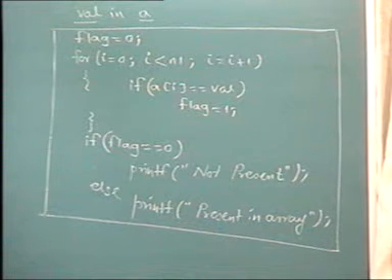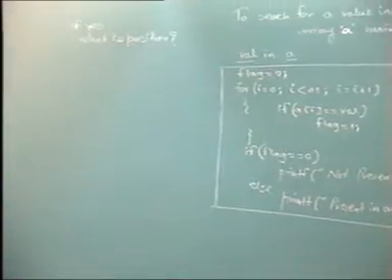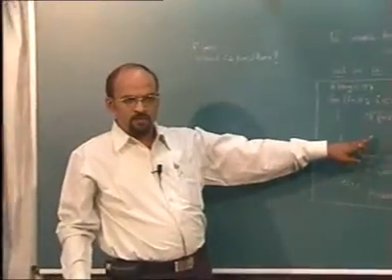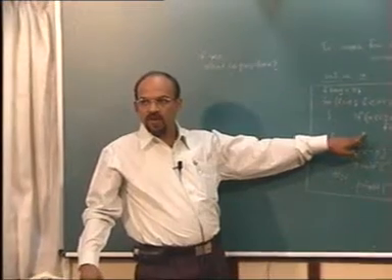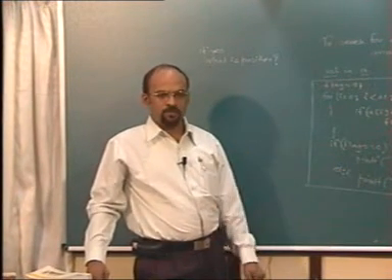Where is it? Because flag becomes 1 for some value of I. If it is the fourth element, that is val, then I should print that value is present at position 4.